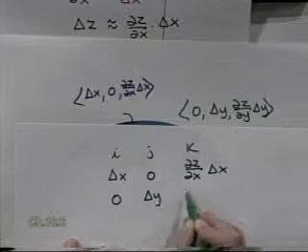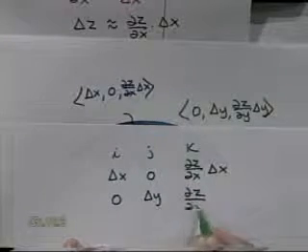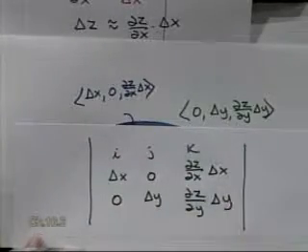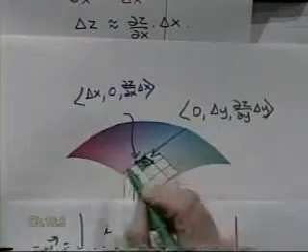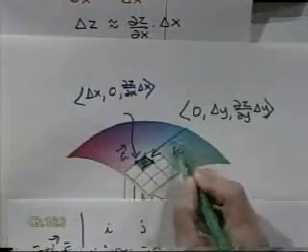The other one has x component 0, y component delta y, z component partial of z with respect to y, delta y. We'll call this A cross B, this one being vector A, this one being vector B.